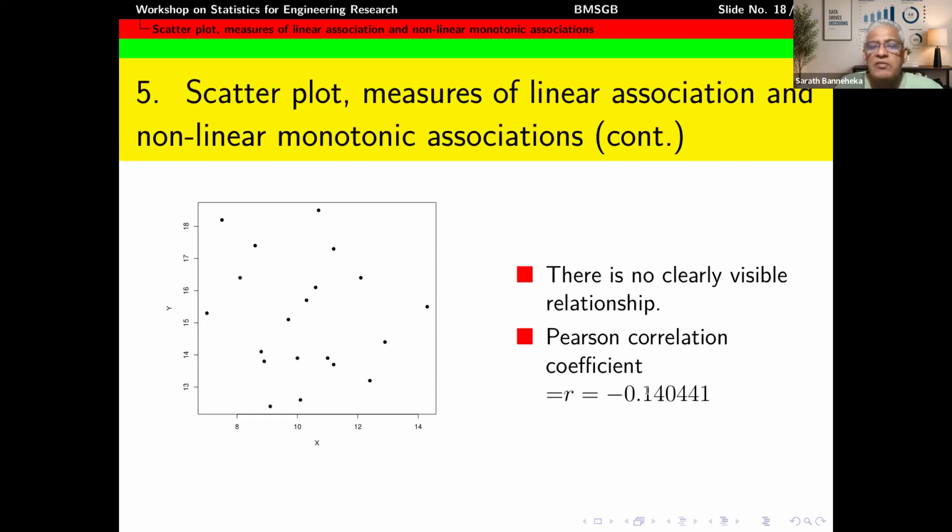R is also very small, 0.1. So whether it's positive or negative, this kind of small correlation coefficient is usually interpreted as no relationship between X and Y. There's no evidence of a relationship between X and Y in this case.